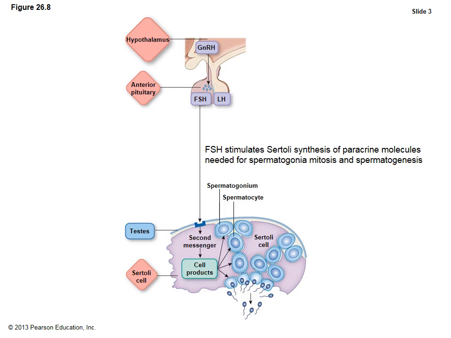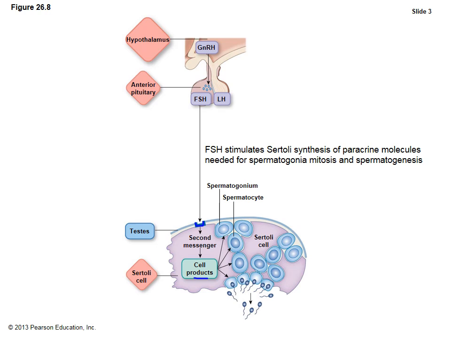Once FSH binds to the membrane-bound receptor on the Sertoli cells, it initiates second messenger systems to then initiate the production and synthesis of various paracrine molecules which are needed for the development of the mature spermatozoa.